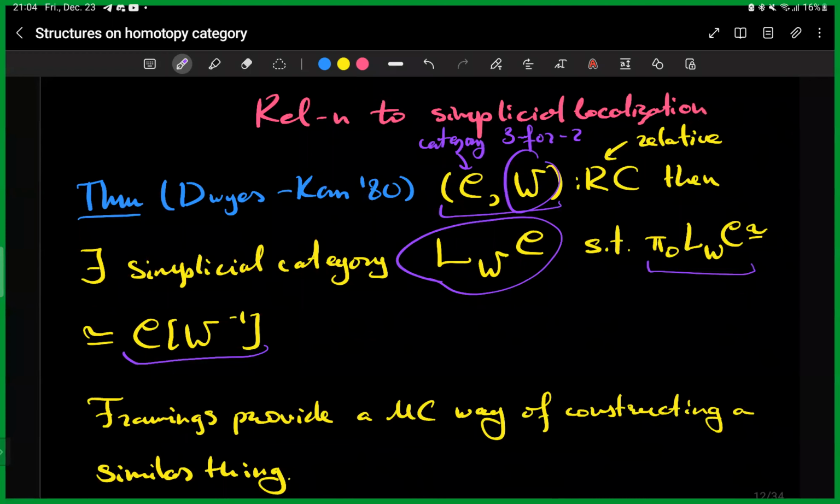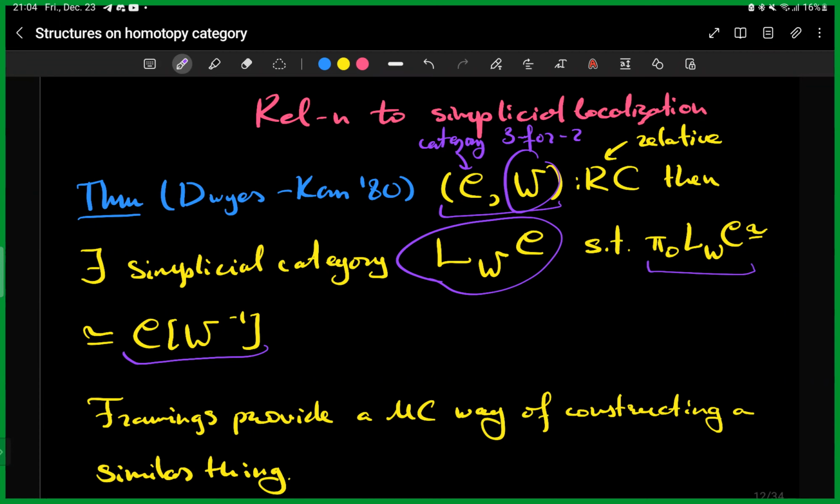I guess that's the easiest way to say this: we just performed this construction for pointed simplicial sets.